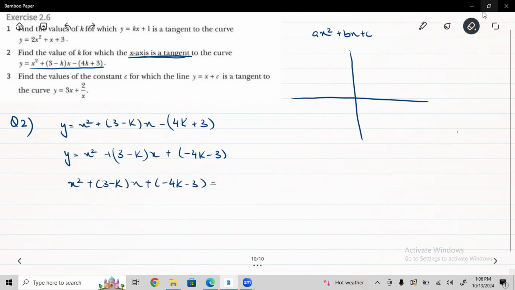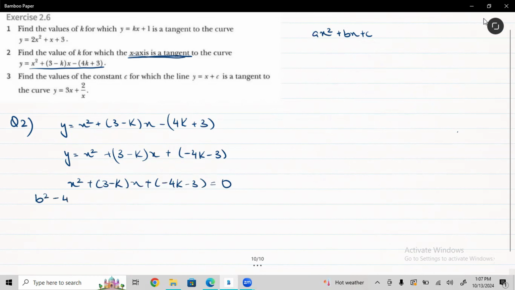However, we are now going to use the discriminant to solve this. Taking the discriminant b squared minus 4ac, a is equal to 1, b is equal to (3 minus k) as a whole, and c is equal to negative 4k minus 3. Okay, if I'm not wrong, yes.